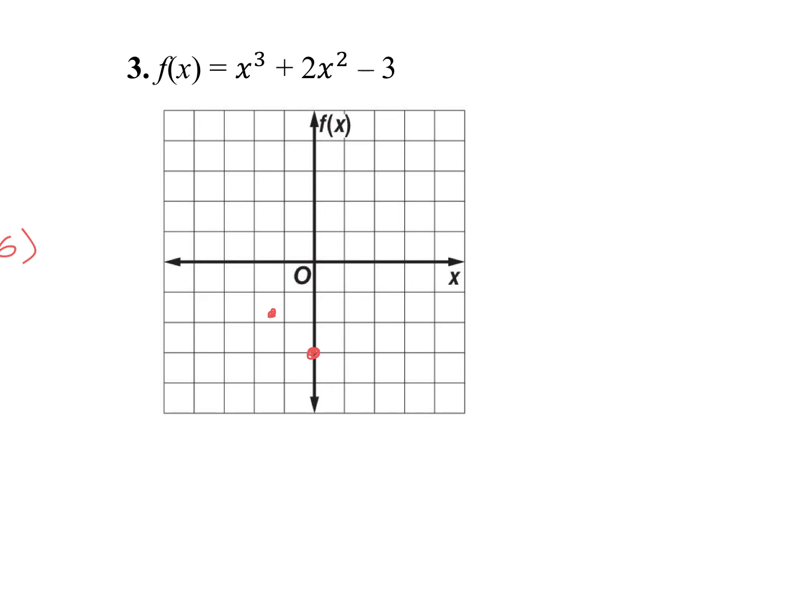It hits around here. There's a 0 right here at 1. And then it seems to hit the top of the graph at around 1.5, comma 5. So the top of the graph we can fit on the table, that is. All right, so the graph looks kind of like this.